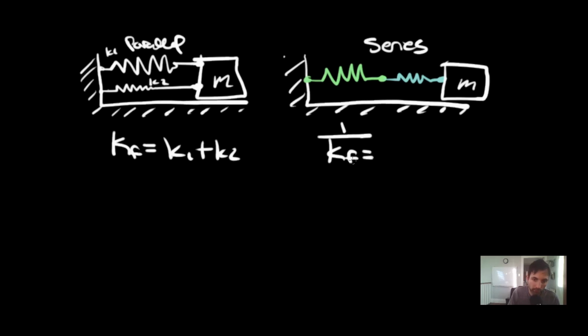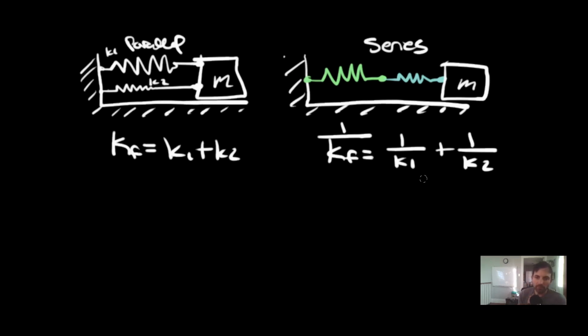So 1 over the spring constant final is going to equal 1 over the spring constant of 1 plus 1 over the spring constant of the other one. So this will look a lot like circuits if you've ever gotten into any circuit courses. Can't think right now.